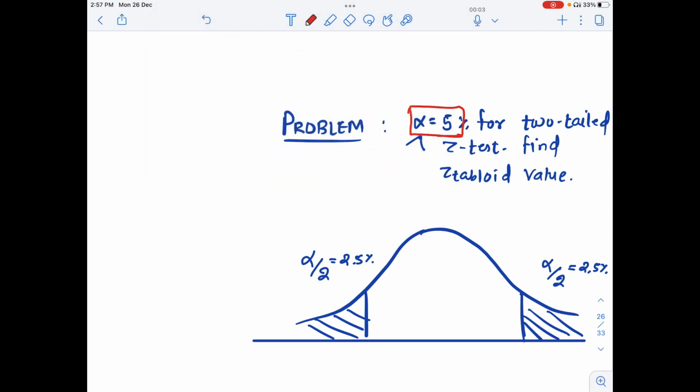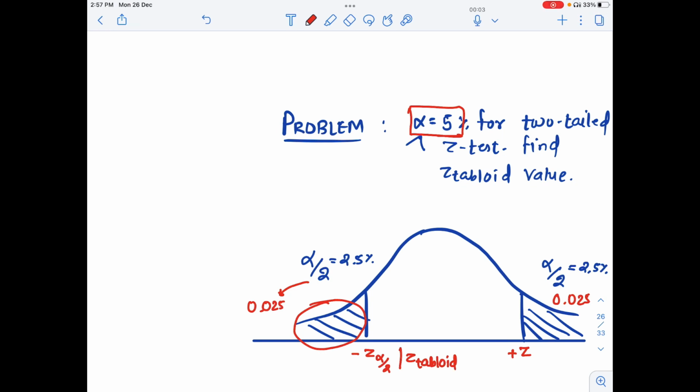Put another way, the probability of a value coming in this area is 0.025, and the same for this one. We are asked to find these two values, which will be similar but with different notations. It is called z alpha by 2, which is also known as the z tabloid value.